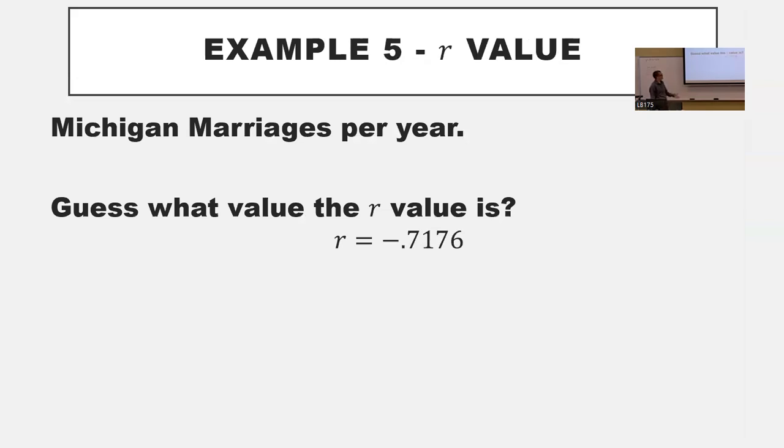In this case, it happened to be exactly negative 0.7176. Now, obviously, there's no way visually that we're going to see the difference between a negative 0.7 and a negative 0.8, right? That's going to be tough to see visually. But we can see the difference between negative and positive, and the difference between something that's really, really close to negative 1 or really, really close to negative 0.75.